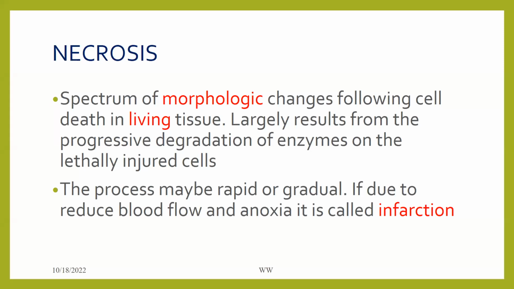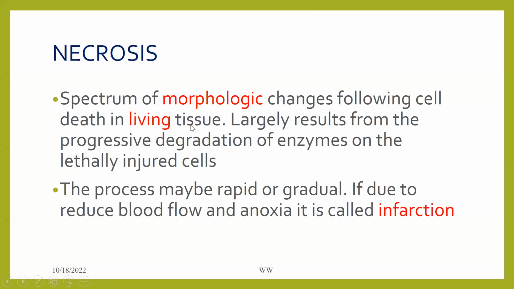It actually is a spectrum of morphologic changes that are seen. Here you have to take note, morphologic changes that are seen in the cell that lead to cell death, and it must happen during life. So there's necrotic tissue in a living person.